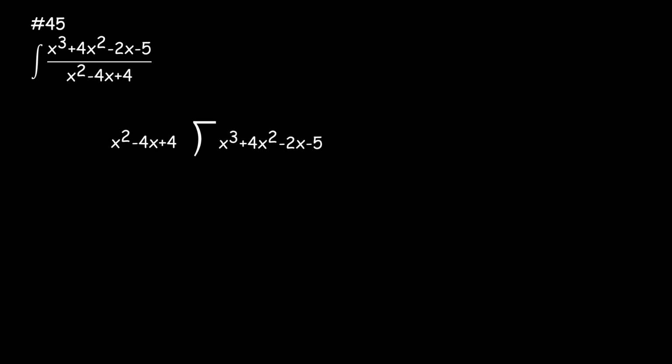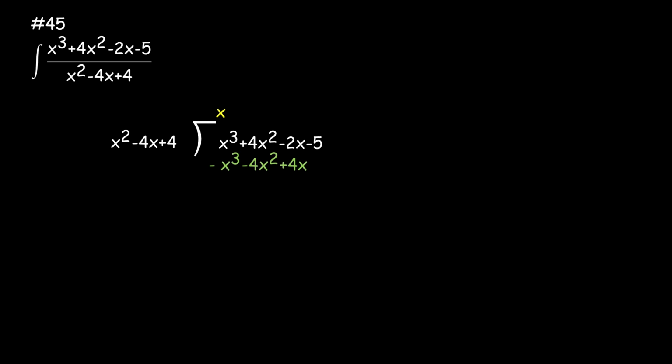We'll take the dividend and divide by the divisor to get x. Then we multiply x by the divisor. We'll get x cubed minus 4x squared plus 4x. Then we are going to subtract our result from the dividend.